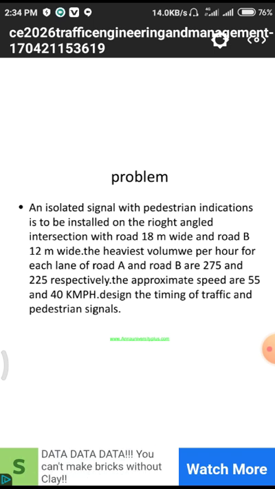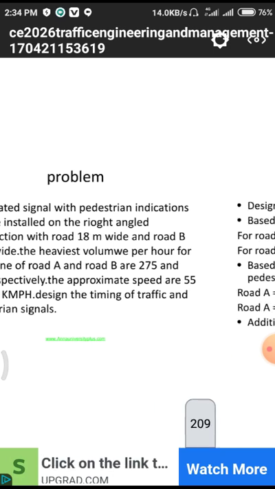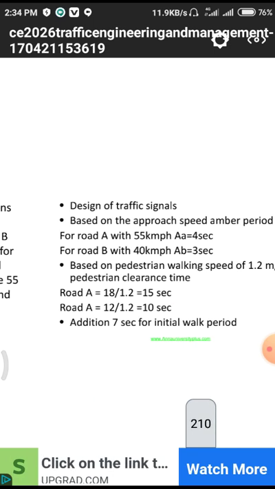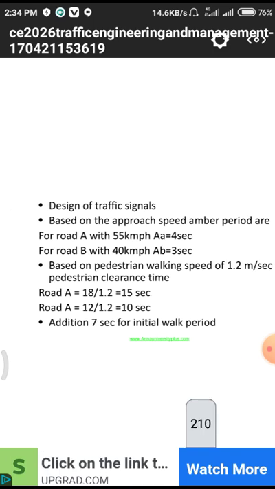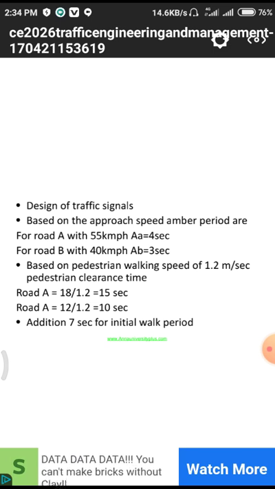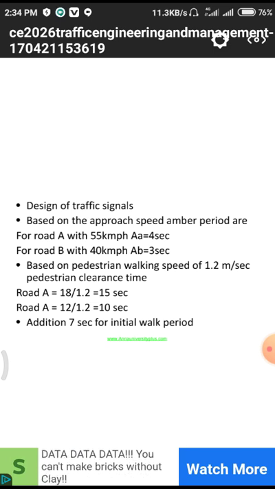We need to calculate the total cycle period. First of all we have to know the amber time. For road A the amber time is 4 seconds, road B amber time is 3 seconds. After that we have to calculate the pedestrian walking. For road A the distance equals 18 meters, so the pedestrians take 15 seconds to complete their walk.